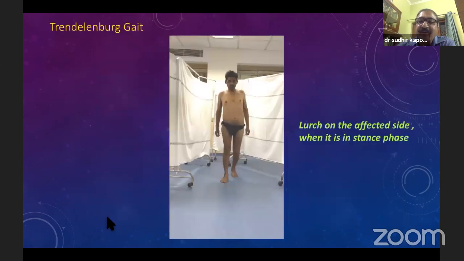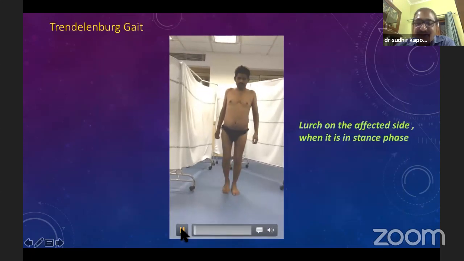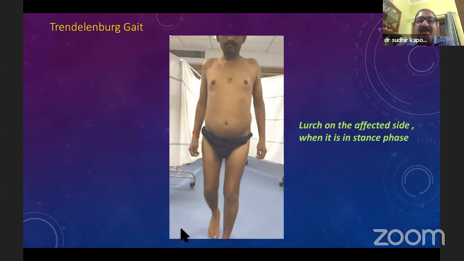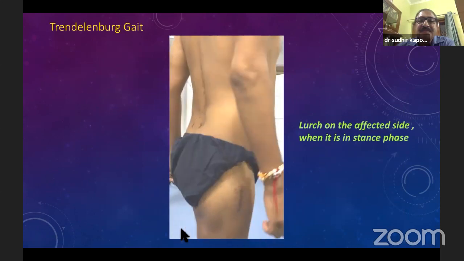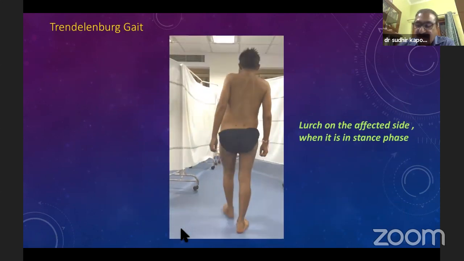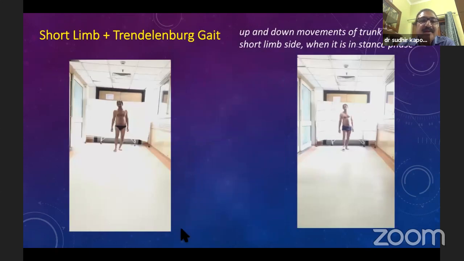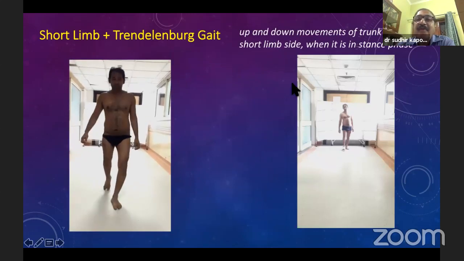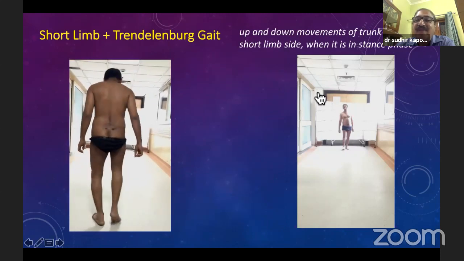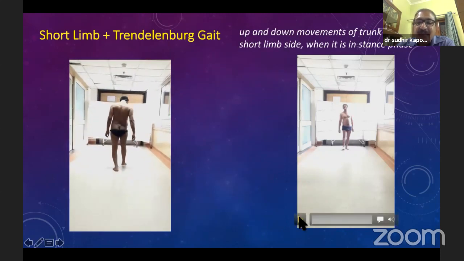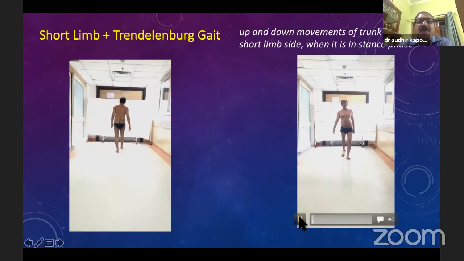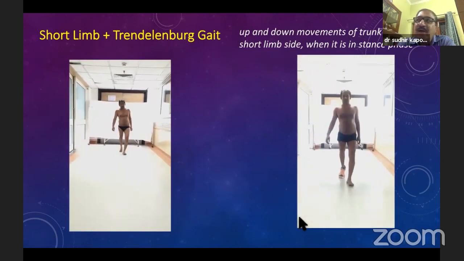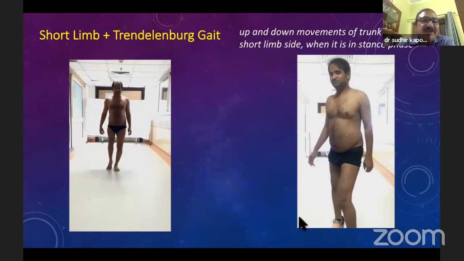Then the Trendelenburg gait, lurch on the affected side when it is in the stance phase. Then the short limb gait, up and down movements on the short limb side when it is in the stance phase. And in a short limb gait, it is not unusual to find one or two elements of pathological gaits combining, like in this patient, the short limb plus Trendelenburg gait.